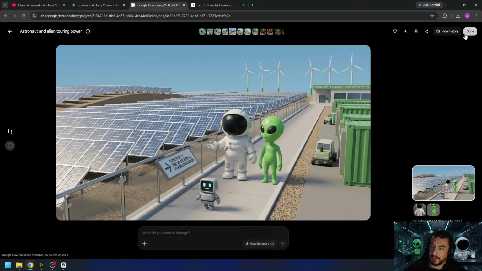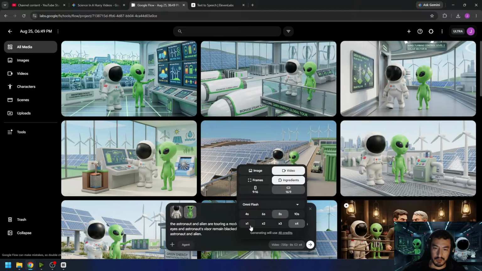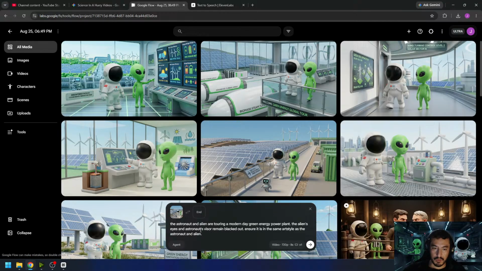So let's do that. It only needs to be 8 seconds. We'll do the astronaut and alien are touring a modern day green energy power plant. The little robot tour guide is leading them down the path.